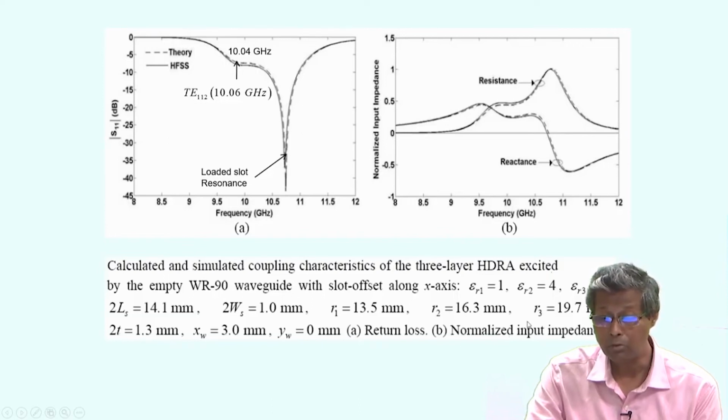So, we see that due to the X offset, the T112 resonance almost vanishes, and we are left with only the slot resonance, which leads to a narrower bandwidth.